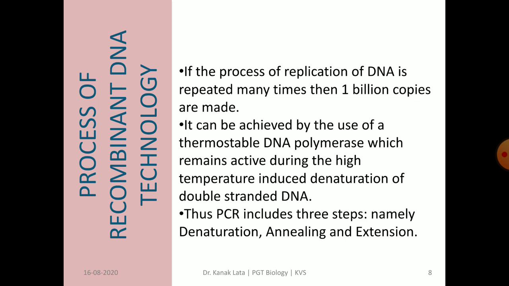Why is it called thermostable? Because this DNA polymerase remains active at very high temperature and helps in inducing the denaturation of double stranded DNA. Why? Because the denaturation of double stranded DNA requires very high temperature.